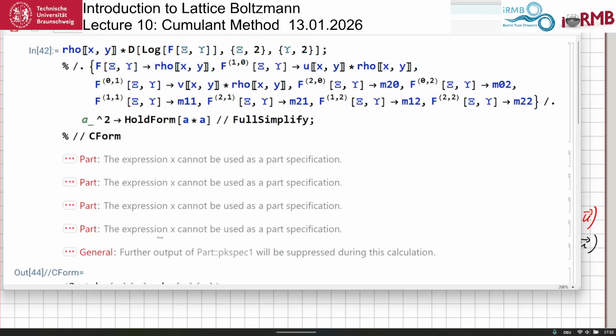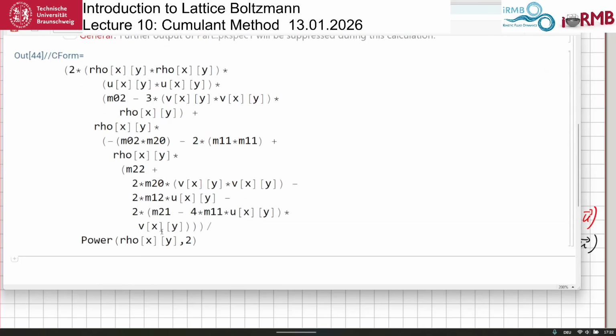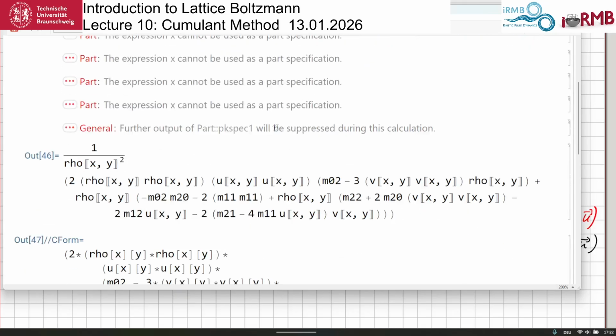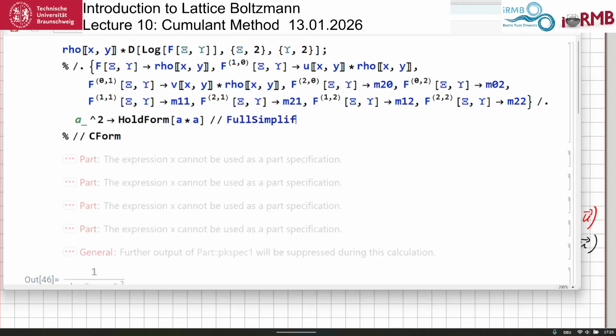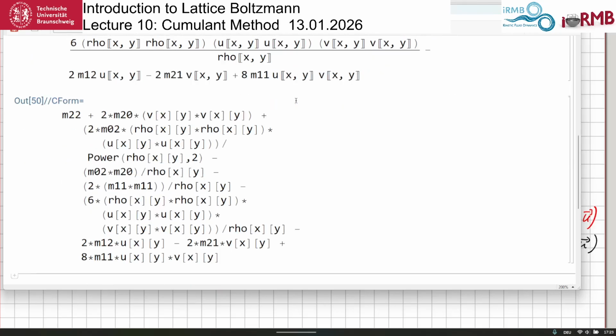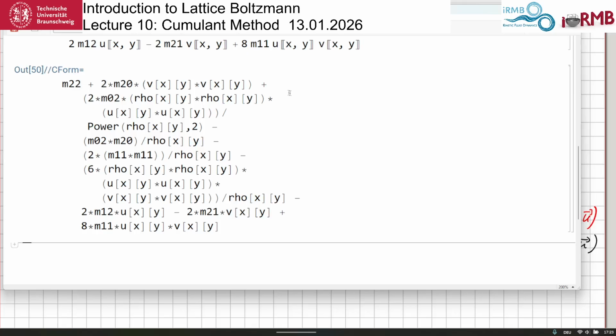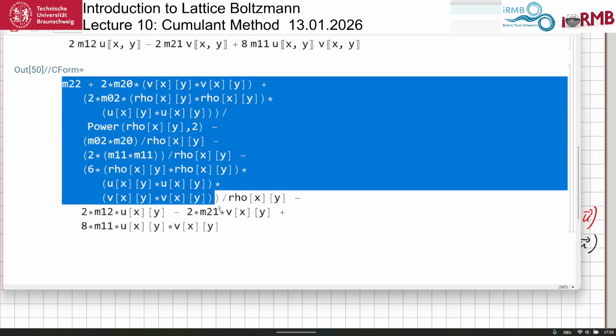Why on earth didn't this work? I mean, it actually looks, I have the impression, okay, it actually looks better expanded for whatever reason, I don't care, yeah?